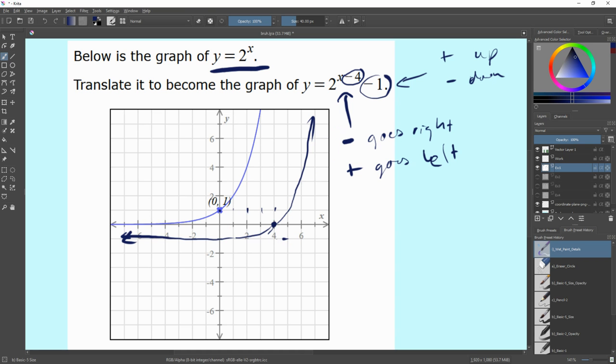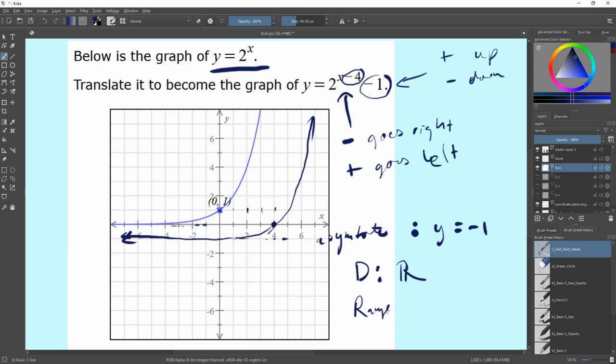So our asymptote now, instead of usually it was at 0, now it's going to be at negative 1. So the asymptote is going to be at y equals negative 1. Okay. And we're going to talk about the domain and range. The domain is all the x's, and the x's can be all real numbers because it can keep going forever. You can pick any x and it'll work.